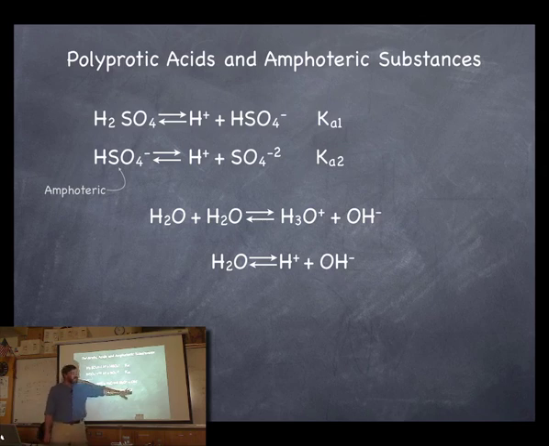So we give this reaction a special value. We talk about its equilibrium constant, and we call it Kw, where the W, of course, stands for water. So this is the equilibrium constant for the autoionization, the self-ionization of water.